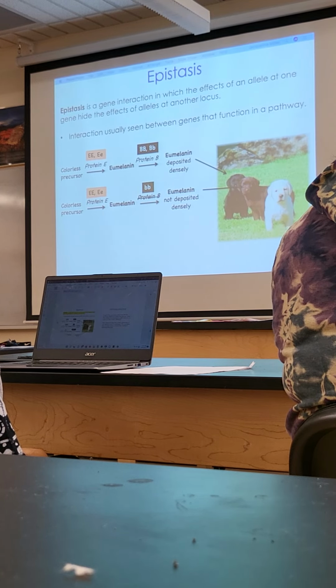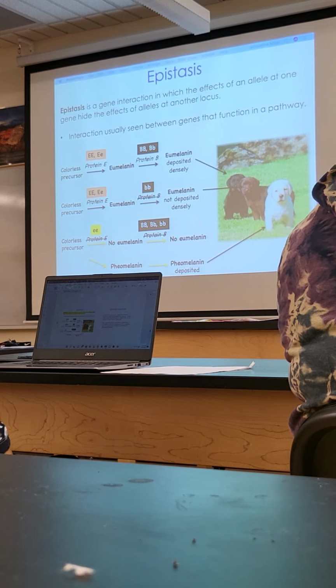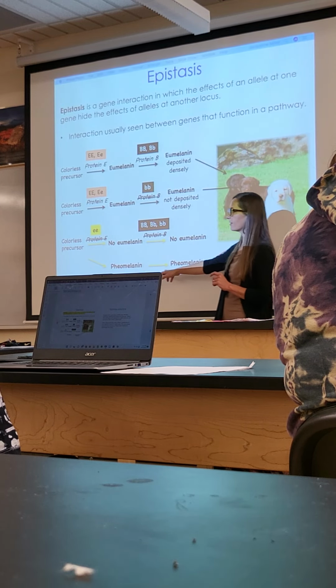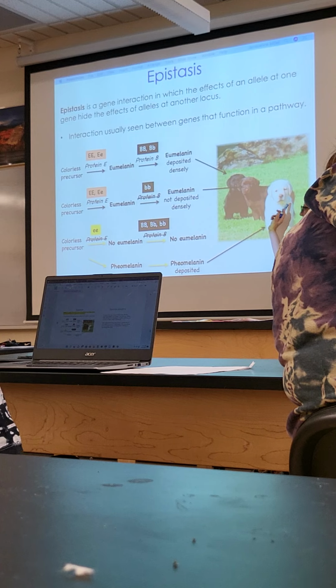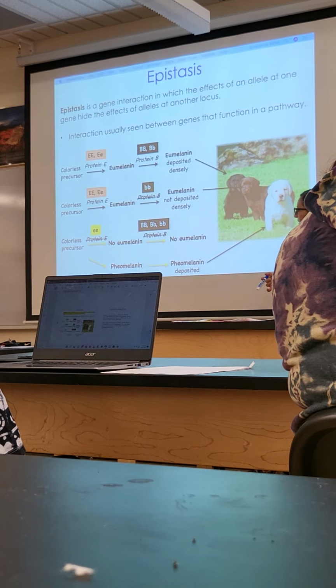And then if you have little e, you don't make eumelanin at all, you actually produce an alternative pigment, which is called pheomelanin, which is the yellowish color. Pheomelanin can also produce a reddish color as well.